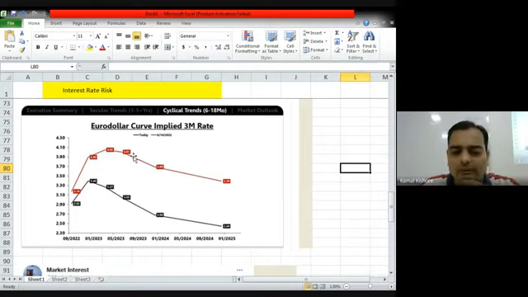So 1 week back, let's say today, this is how the rates are behaving. And this was about 1 month back. For example, a 3 month implied rate, 3 month Eurodollar, 3 month LIBOR, the 3 month Eurodollar rate is around 2.92 today. The yield is 2.92.